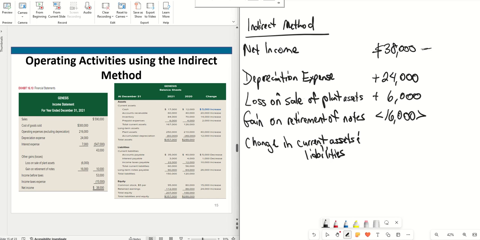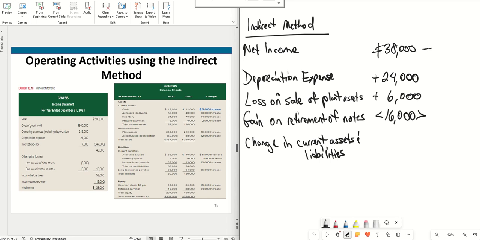So now we drop down to the second one here, accounts receivable. We see that in 2020, it was $40,000, but in 2021, it increased to $60,000. So yes, this is a $20,000 increase. Now, the thing about accounts receivable is that if it does increase, that tells you that this was an increase in credit sales.